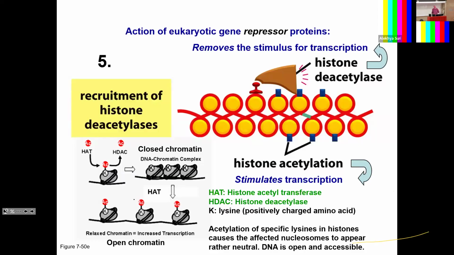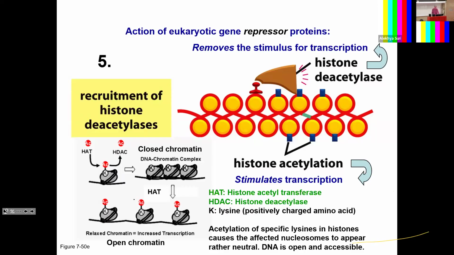When you add, for example, acetyl groups to these lysines, you make them more neutral. So they're not positively charged anymore. That means you will have a more open chromatin.